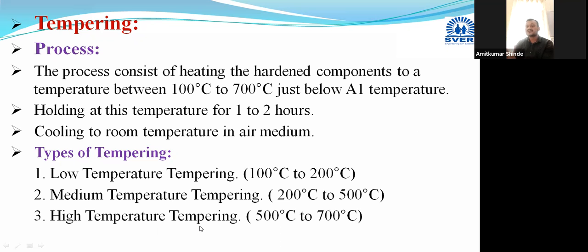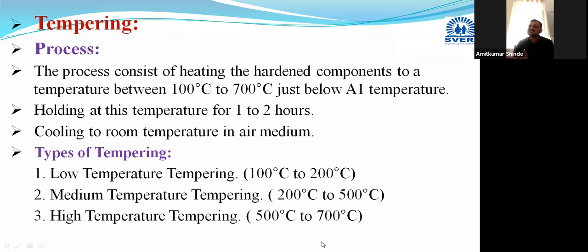Then what further changes will occur here? Whichever cementite is there in medium temperature tempering, in high temperature tempering it will become spherical in nature. That spherical cementite, if it is visible under the microscope, is termed spheroidite.